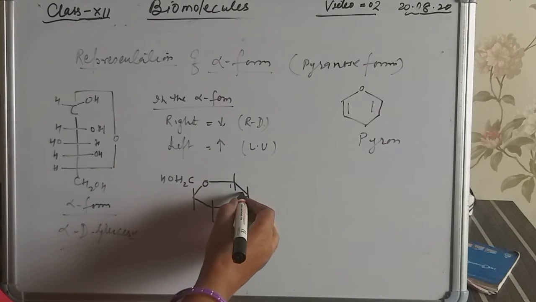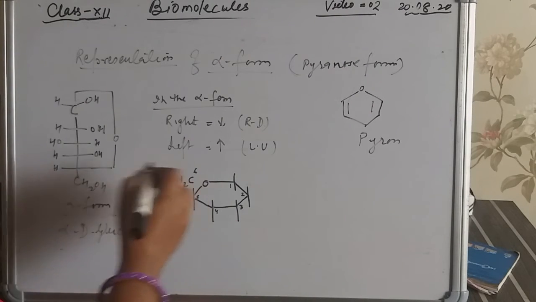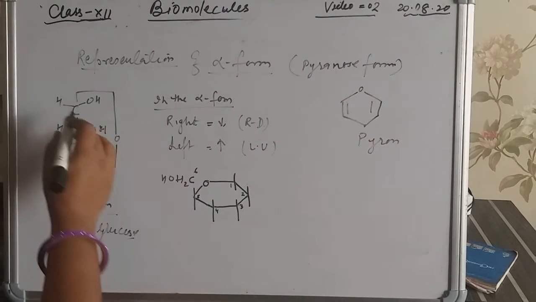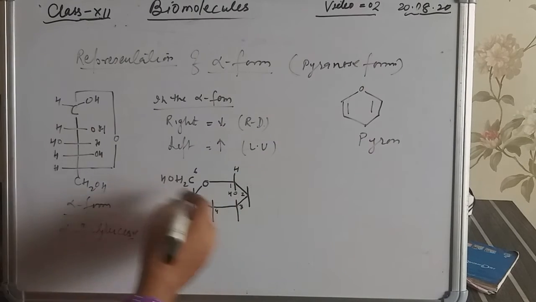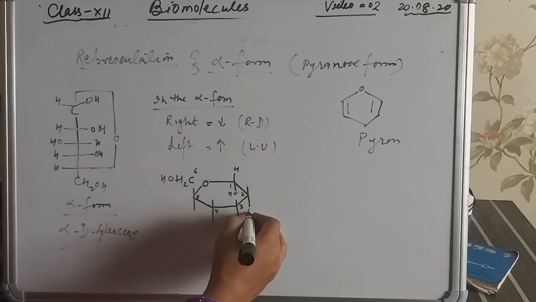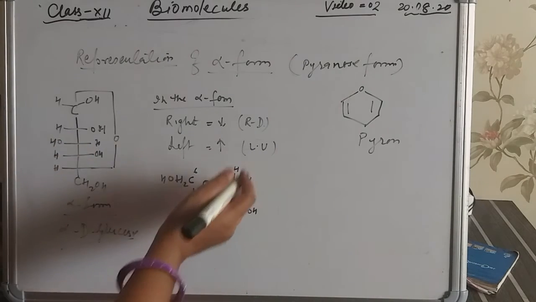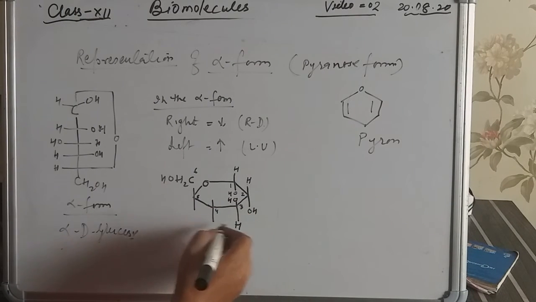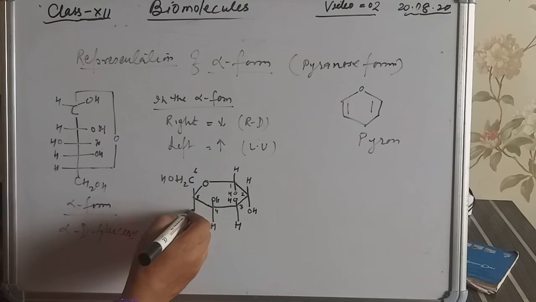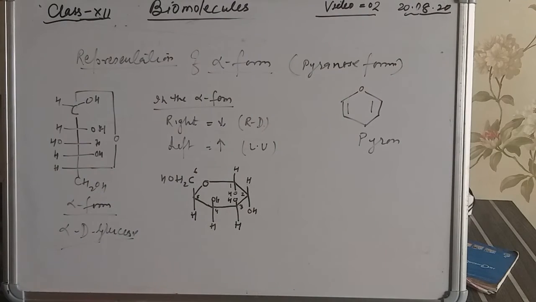Position 1, position 2, position 3, position 4, position 5 and position 6. So write down: here will be OH, here will be H. Here also OH and H. And the third, left side OH, left up means OH comes here, H, and then OH and H, and at 5 here will be H and CH2OH.